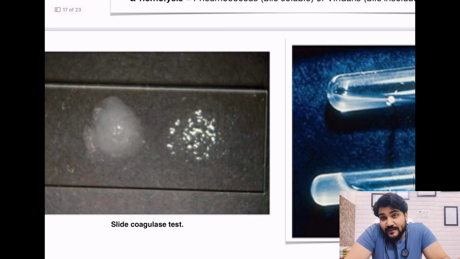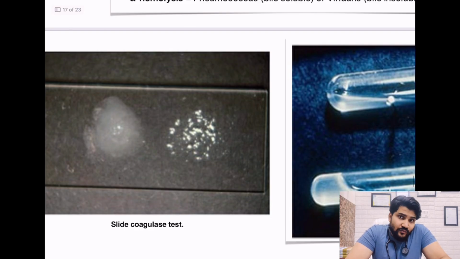The plasma suspension will be in the form of 1:5, means one portion will be plasma and 4 portions will be normal saline. Then you take 0.5 ml of that plasma suspension and 0.5 ml of bacterial suspension and put them in the test tube, and you leave it for 4 to 5 hours. After 4 to 5 hours, this jelly-like thing will be formed.